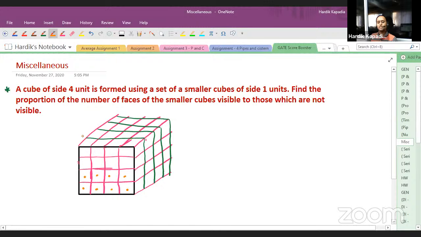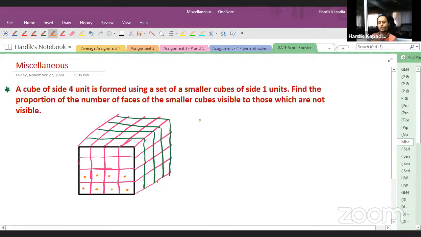So we have 16 over here in the first side, and 16 over here, and 16 over here. So from any side, it is a side 4 unit cube.